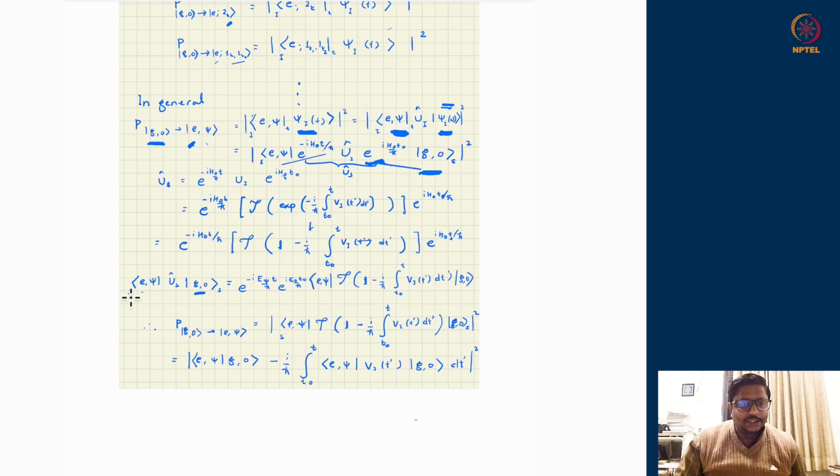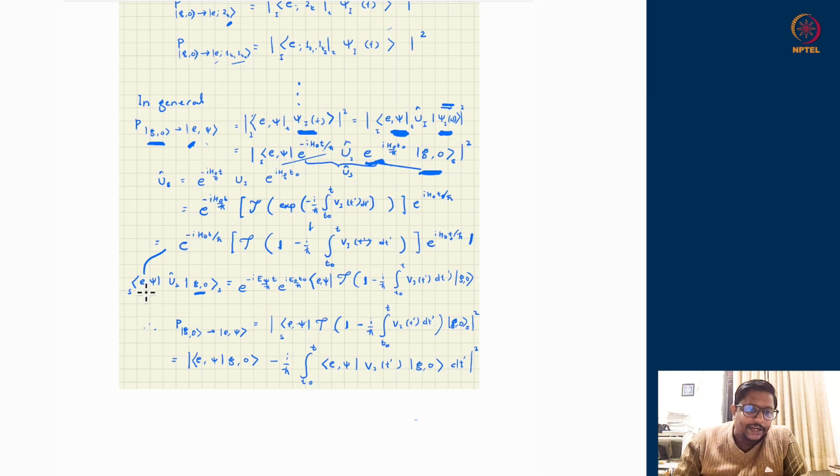When I squeeze it between E psi and G0 from left and right, this E psi will sit on the left side, while this G0 will sit on the right side here. Now you will see there are two exponentials, e to the power i H naught t, e to the power minus i H naught t, and e to the power plus i H naught t naught.